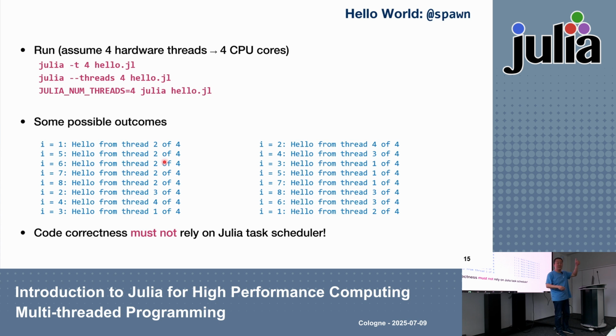This thread, let's say thread 3 or whatever, may exist, but the dynamic scheduler may never ever schedule a task onto this thread. Yeah, this sounds strange, but this may happen because this is so-called dynamic. And maybe the dynamic scheduler likes thread 2 and schedules everything to thread 2. That is also possible.